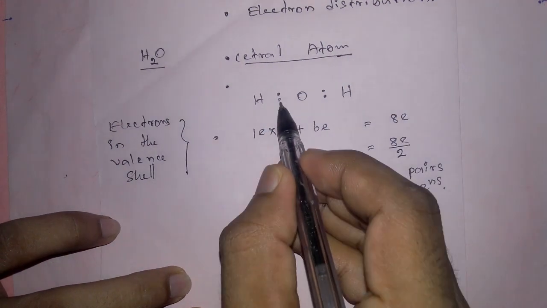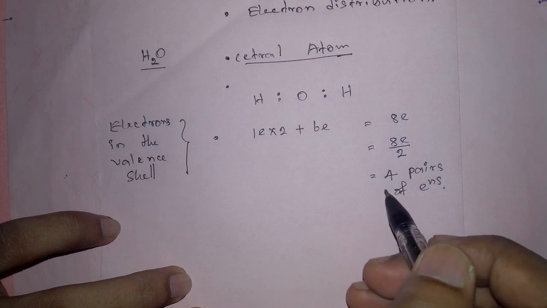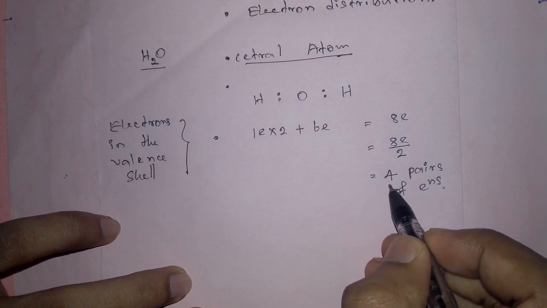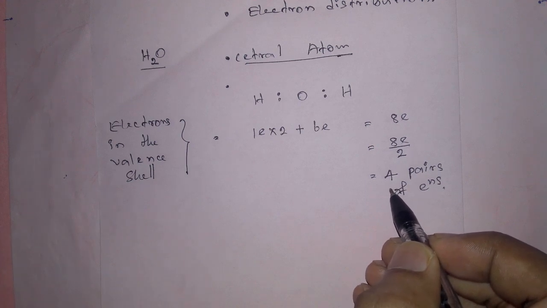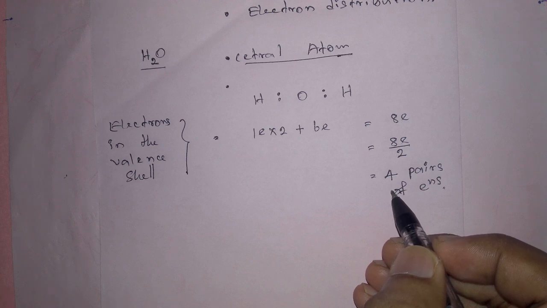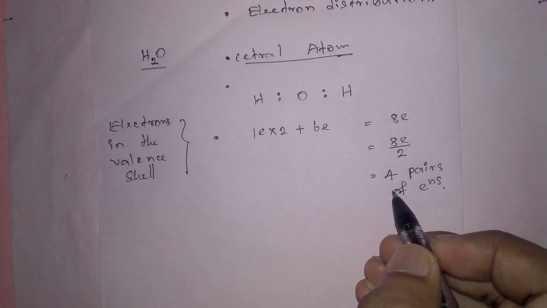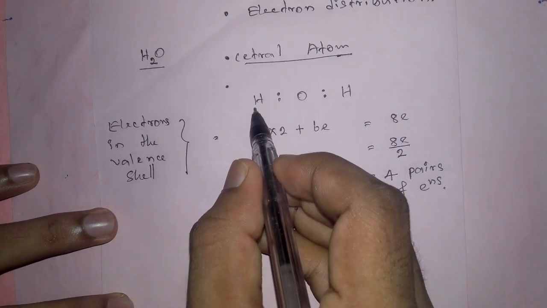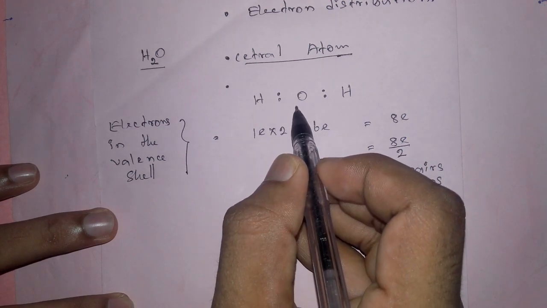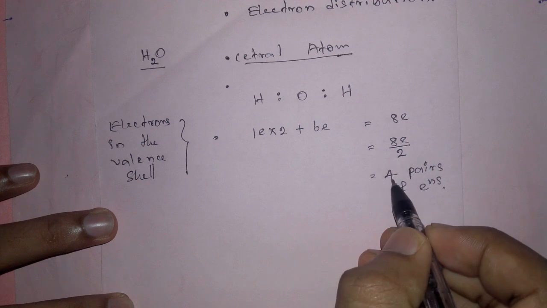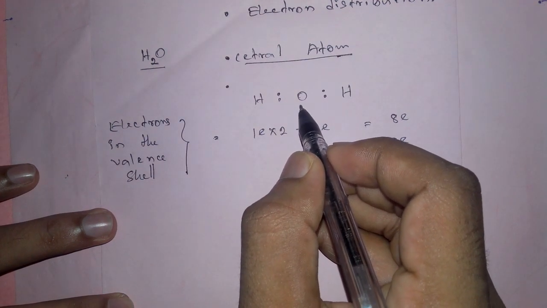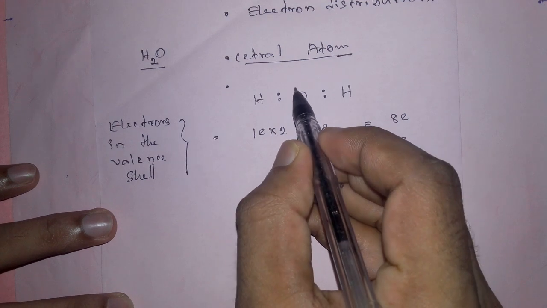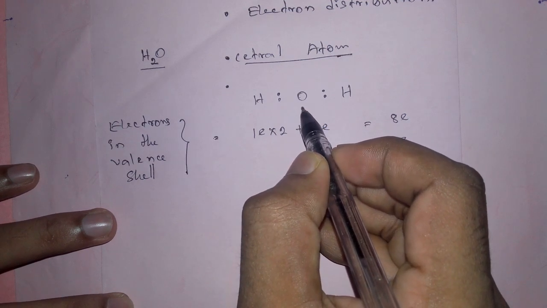We have used 2 electron pairs so far, and there are 2 electron pairs remaining, and these remaining 2 electron pairs should be distributed to the highest electronegative atom first. Among hydrogen and oxygen, oxygen is the highest electronegative element, so these remaining 2 electron pairs should be on the oxygen valence shell.